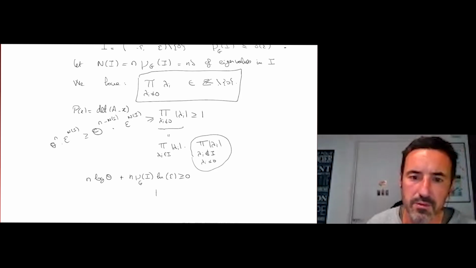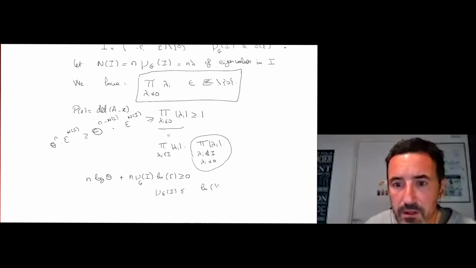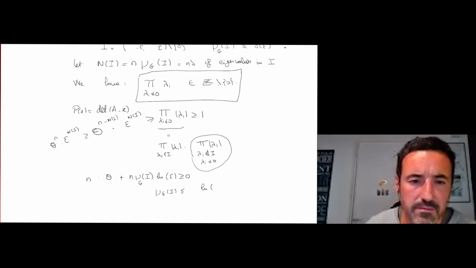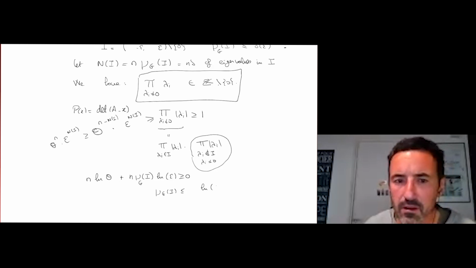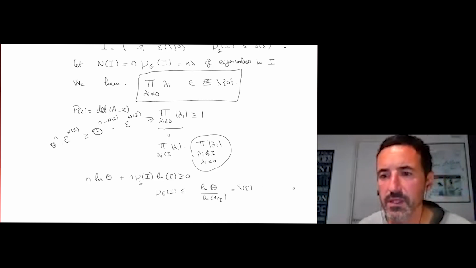So I obtain that mu_G of I is at most log of theta divided by log of 1 over epsilon, which is my function delta of epsilon. Okay? So this is the proof.